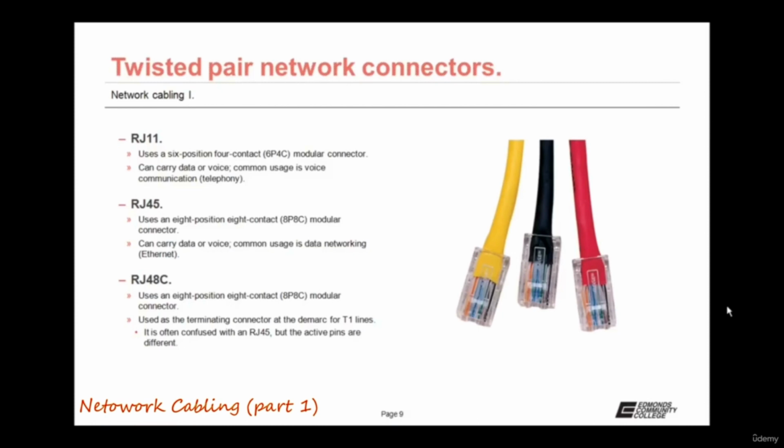It also uses an 8-position, 8-contact modular connector, 8P8C, just like the RJ45. As a matter of fact, it's often thought of as being an RJ45, but it's used as the terminating connector at the demarc point for T1 lines. And as I said just a moment ago, it's often confused with the RJ45, but the active pins are different.